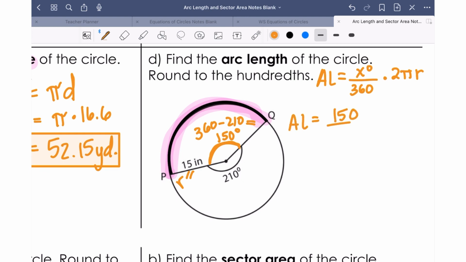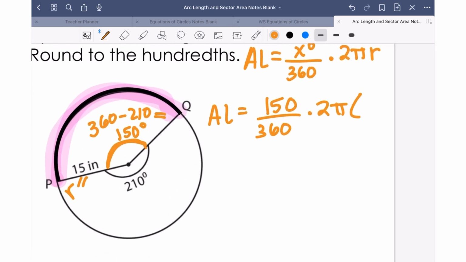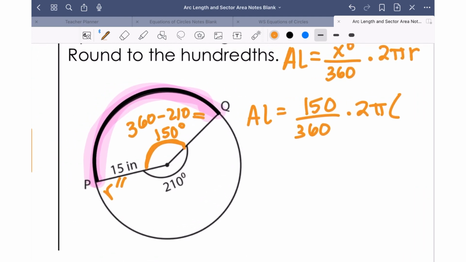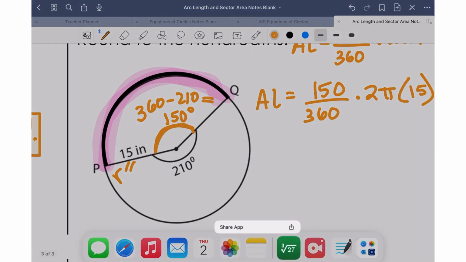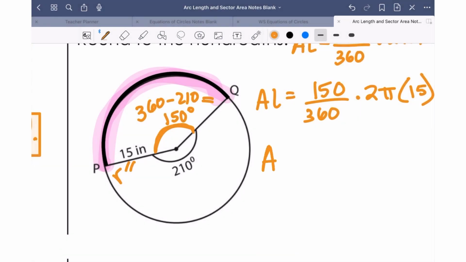All right, so I subtracted from 360 because the portion of the degrees that I needed was not given to me. They gave me the bottom part, and I don't need that section. I need the top. So I needed to subtract from the total, which is 360 degrees in a circle, and that gave me 150. Then I can plug that into Desmos, and it is 39.27 inches.